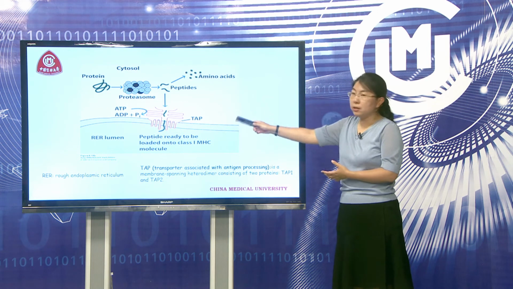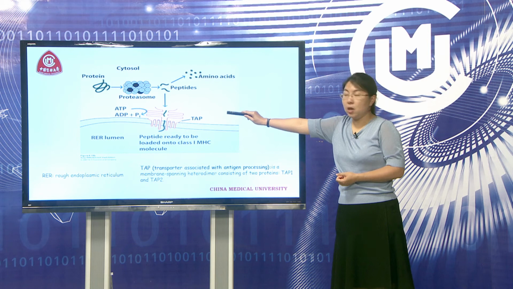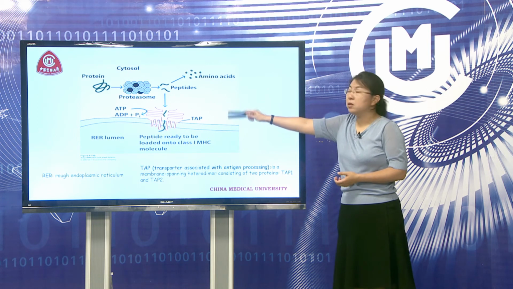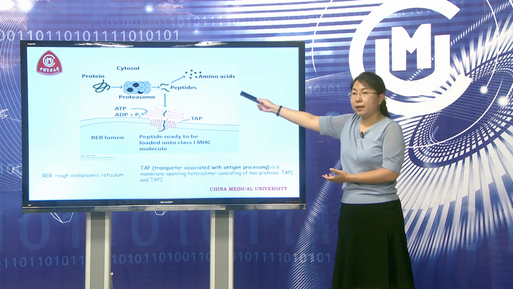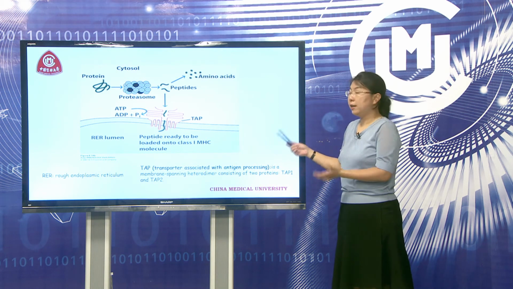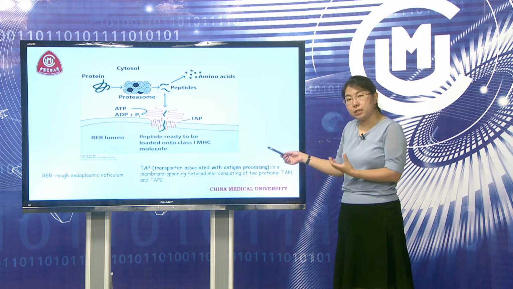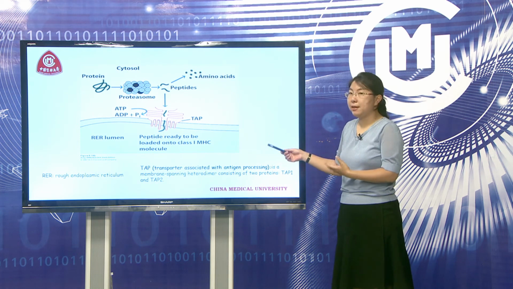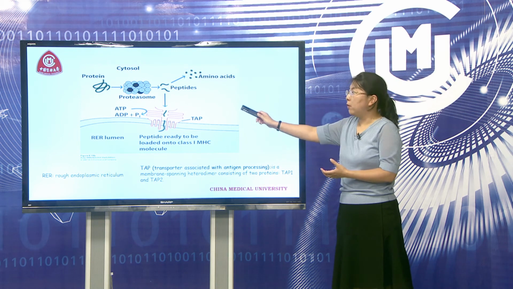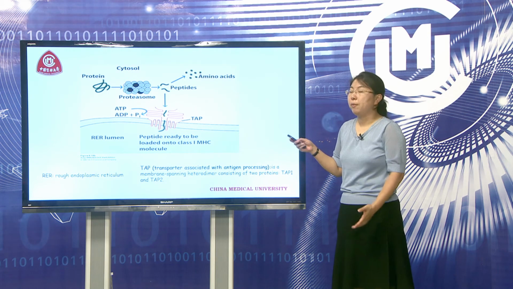And some viruses are very clever, so they can bind this TAP and close this door. So the endogenous antigen cannot pass through TAP, and also cannot get into the RER. So our cells cannot present the endogenous antigen of the virus. Some viruses have this mechanism, and they can escape from the immune response.